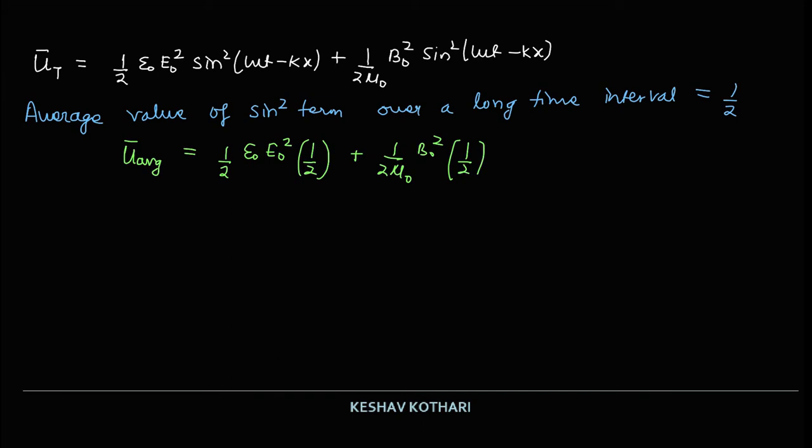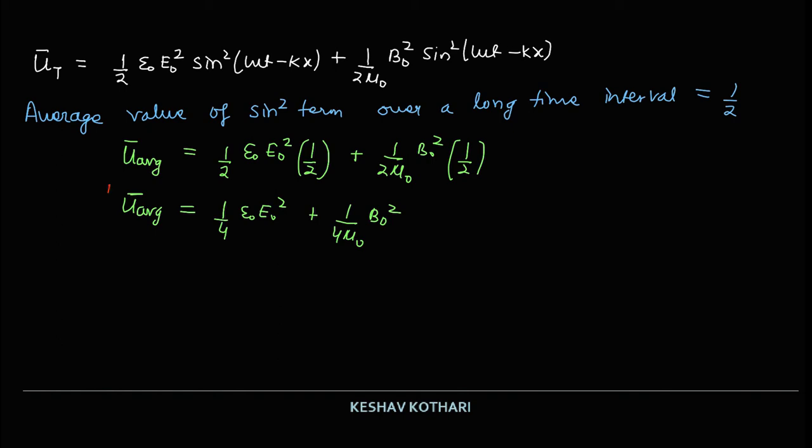So the value is written as 1 by 4 times epsilon naught E naught square plus 1 by 4 mu naught B naught square. So this is the average value of energy density that we attain.